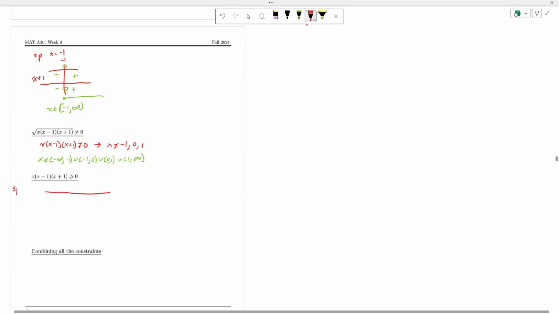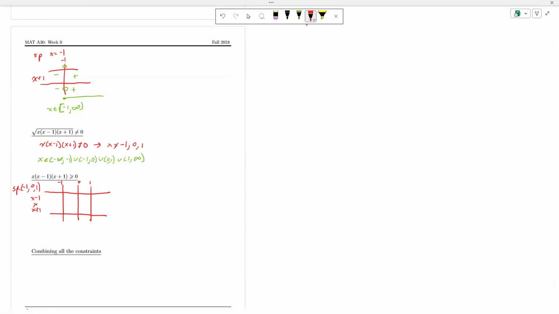And finally, we have our (x minus 1)(x plus 1) greater than or equal to 0. My split points are minus 1, 0, 1. My functions are x minus 1, x plus 1. And I'm 0 at each of these points.